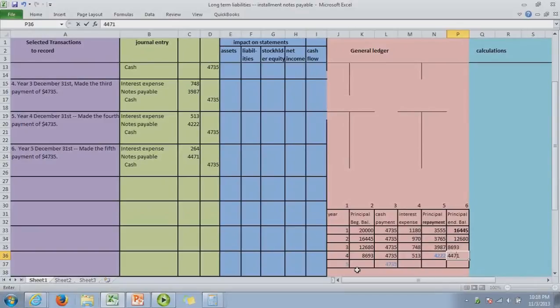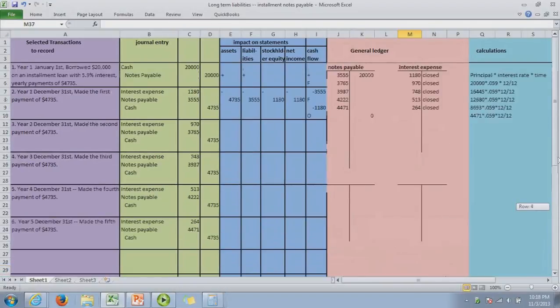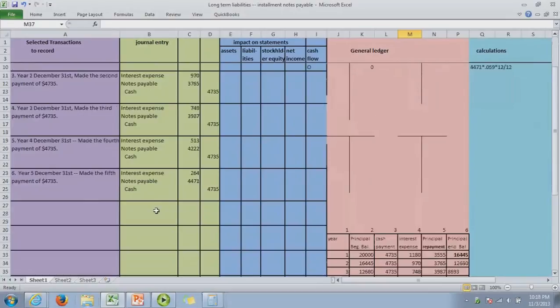So we end with that, we begin the next year with that. And the interest in the very last year, 4471 times 0.059 is the smallest amount, $264.